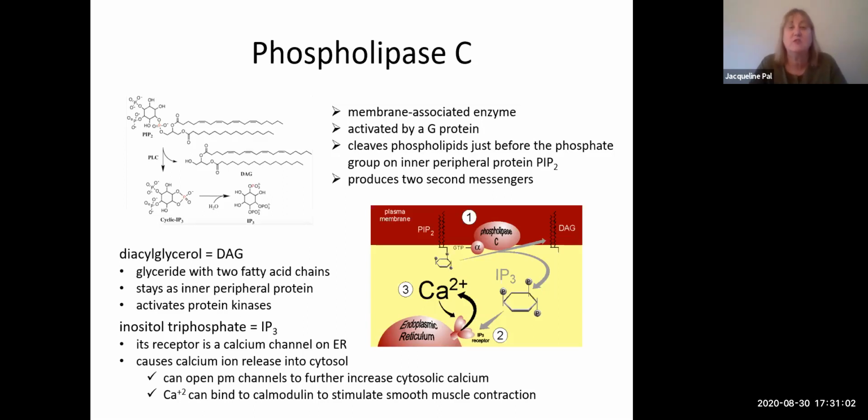And when it binds to those receptors, that causes calcium to leave the endoplasmic reticulum where the concentration is high, and to exit into the cytosol where the concentration is lower. So then the cytosolic calcium levels will rise. And this calcium can bind to calmodulin, like we talked about previously when we learned about smooth muscle contraction.